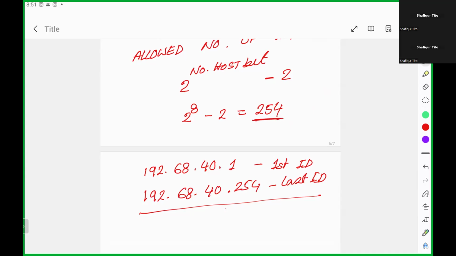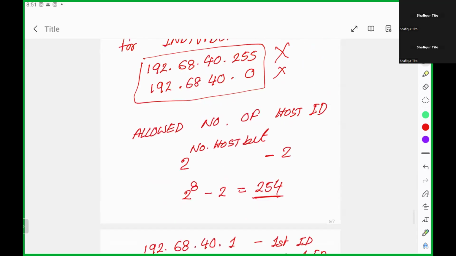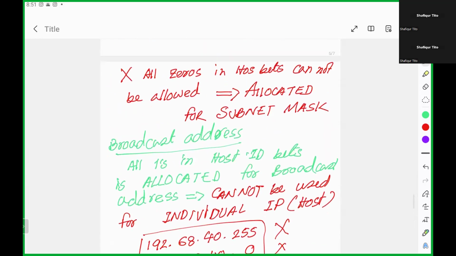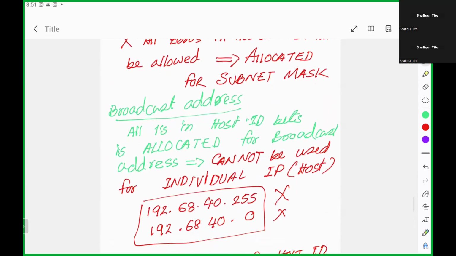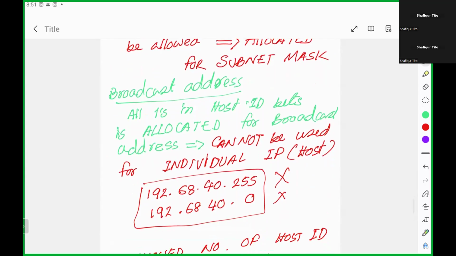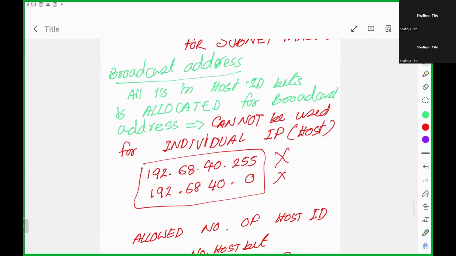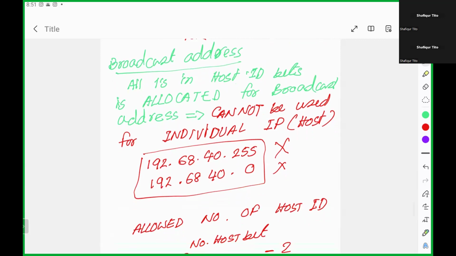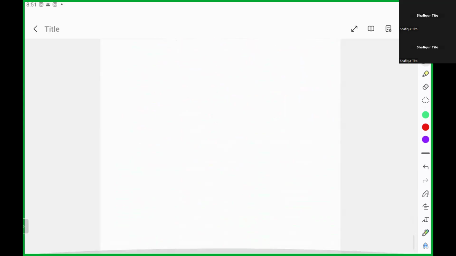Okay, so for this one, we can easily identify the network part because 3 complete octets have been used, but sometimes you might find that a fraction of one of the octets is utilized for the network. So let us do this example.